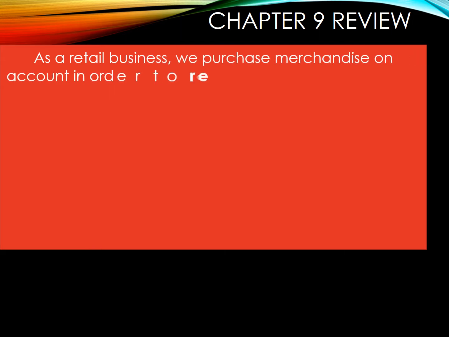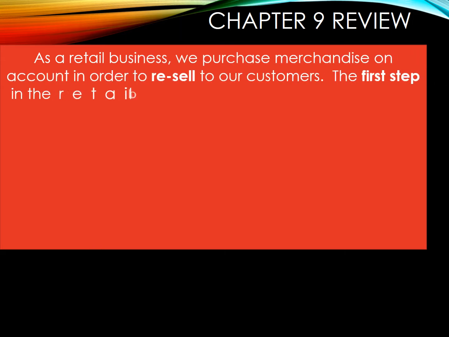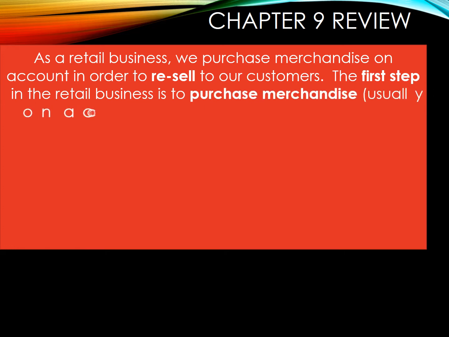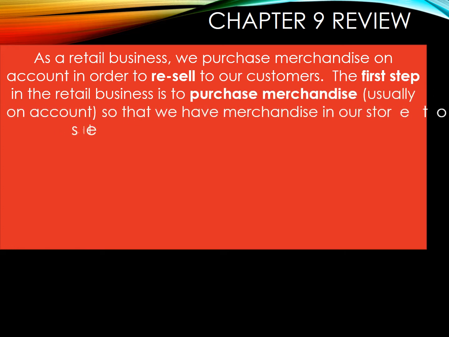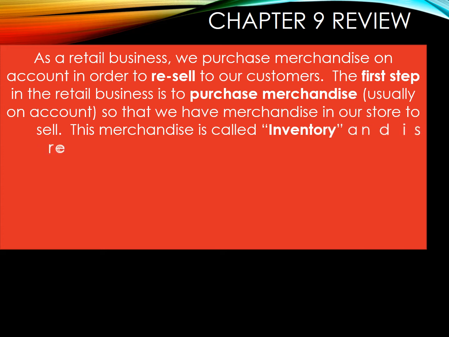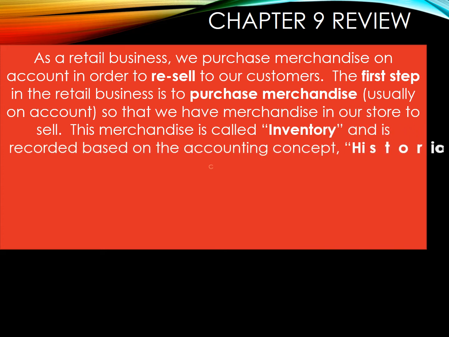Before we start Chapter 10, we are going to do a review from Chapter 9. As a retail business, we purchase merchandise on account in order to resell to our customers. The first step in the retail business is to purchase the merchandise, usually on account, so that we have merchandise in our store to sell.